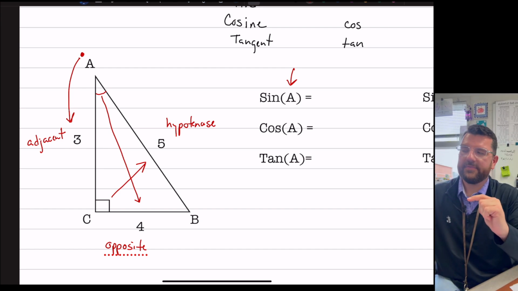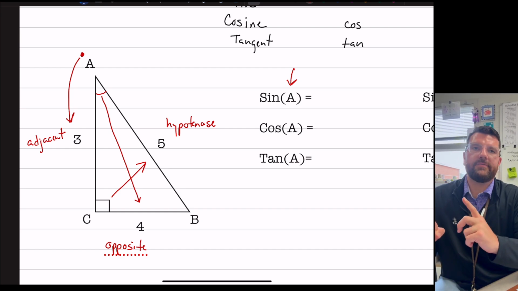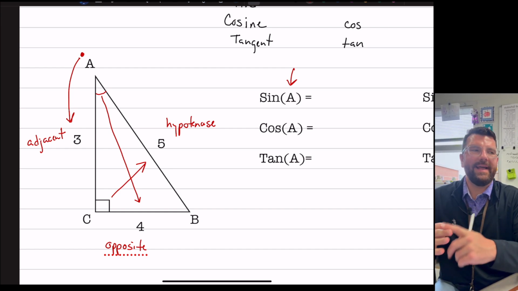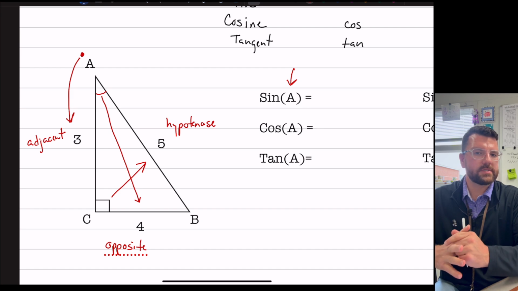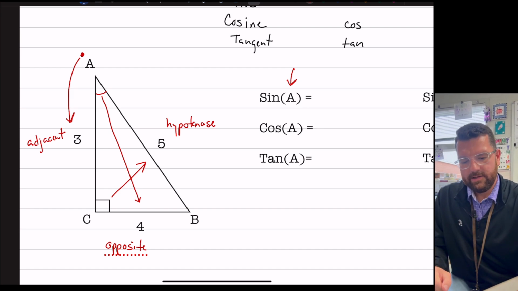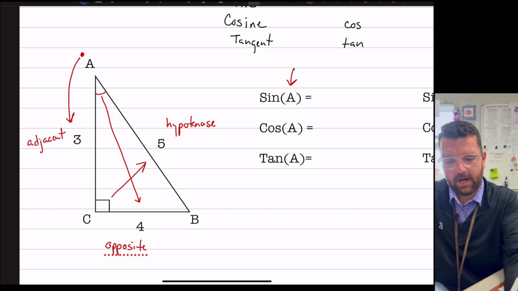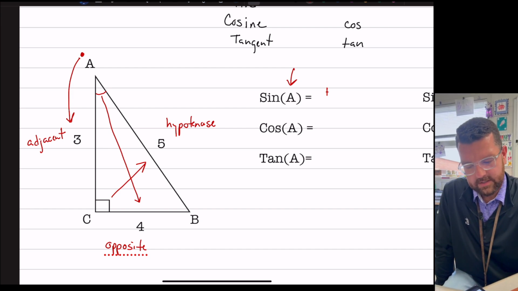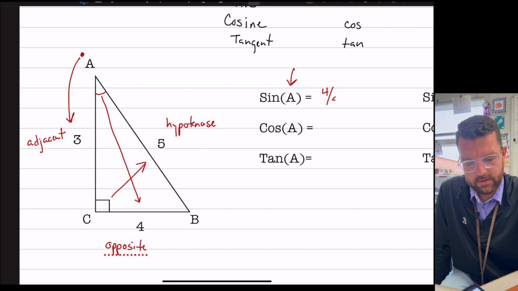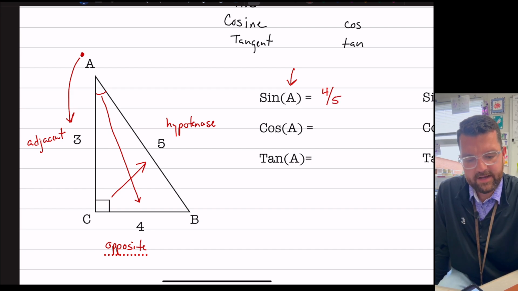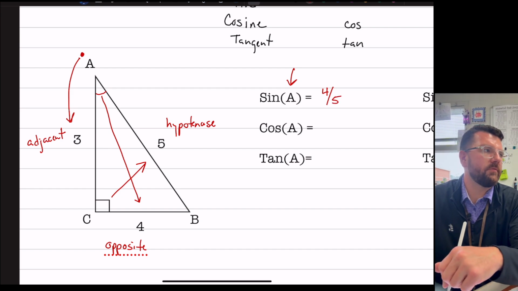So now I have my angle identified, I've labeled my triangle. My next step is to build those ratios. For sine of A, sine was the opposite over the hypotenuse. My opposite side was 4. My hypotenuse is 5. I've built the ratio, 4 over 5.